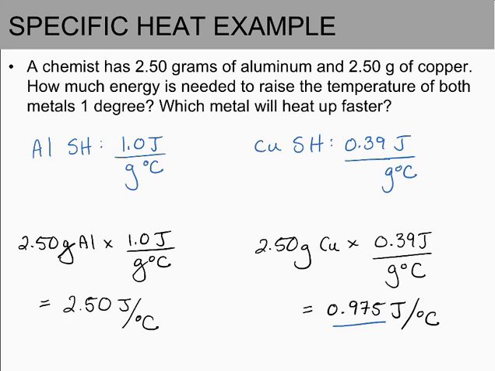So because we need a lot less energy for copper, copper should heat up much more quickly. So we can compare specific heat values for different substances to see what will heat up more quickly, what will heat up more slowly. And then remember, we also said that that tells us whether the object or substance can retain heat. So this is a pretty useful value.